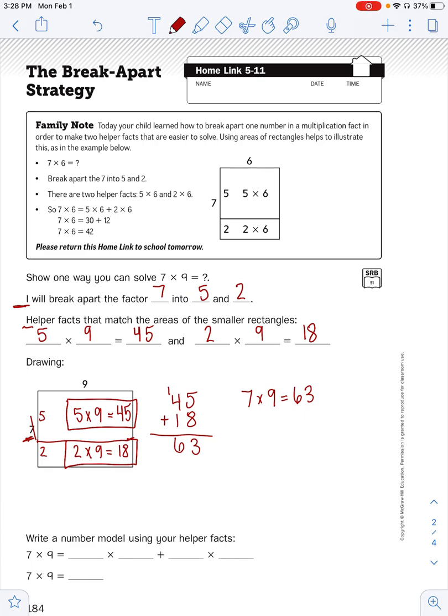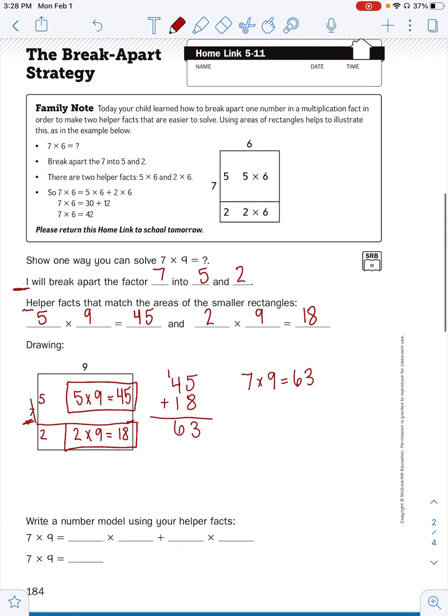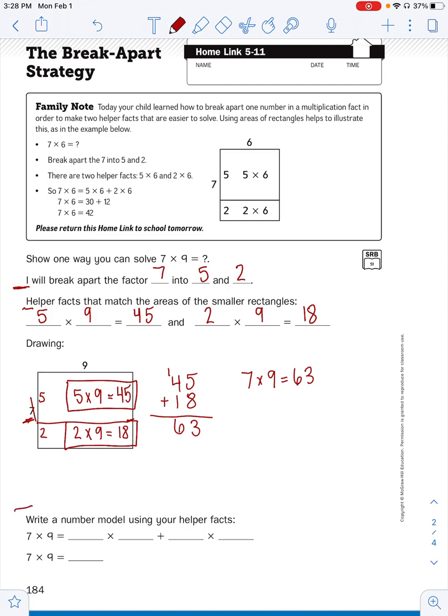Okay, and the last thing I need to do is write down here, it says write a number model using your helper facts. Okay, so it basically just wants us to rewrite the two multiplication sentences that I just wrote up above. So 5 times 9 plus 2 times 9.